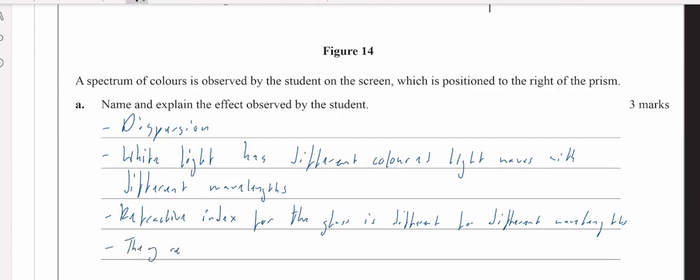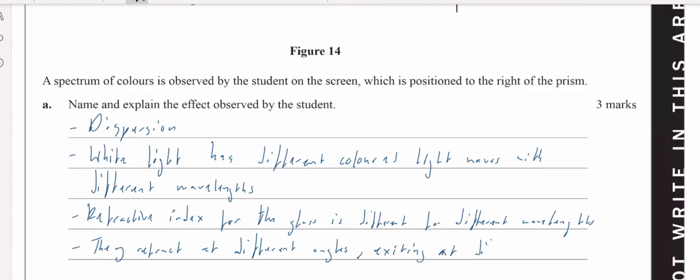They refract at different angles, exiting at different angles.